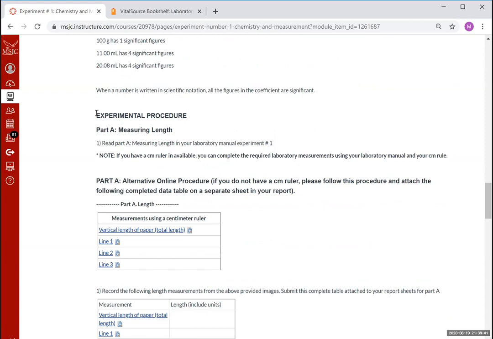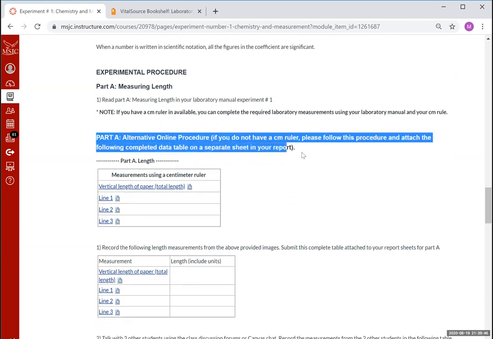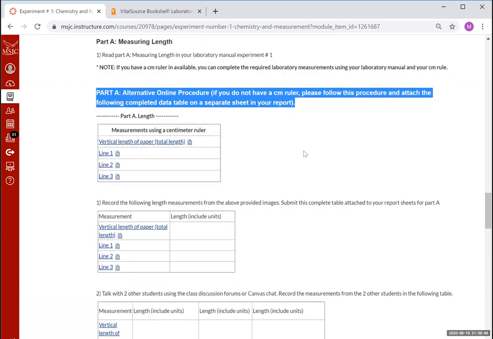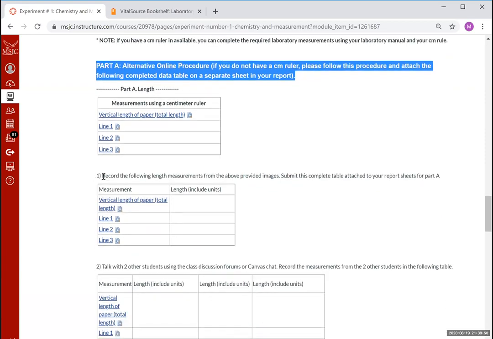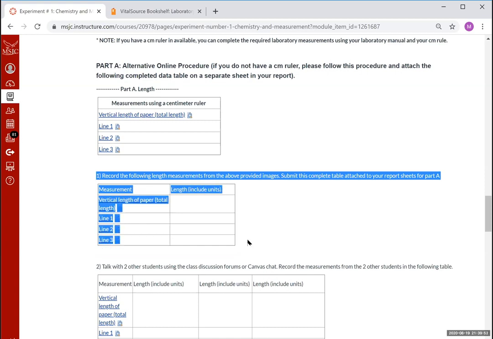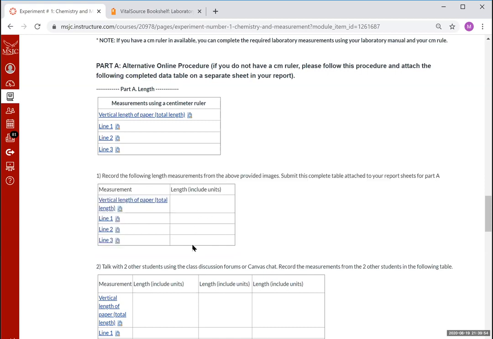And then I have a procedure section. For part A, I have given you an alternative procedure. You're going to take a series of measurements and enter your measurements into this table. This table is what you're going to attach and submit as part of your report.